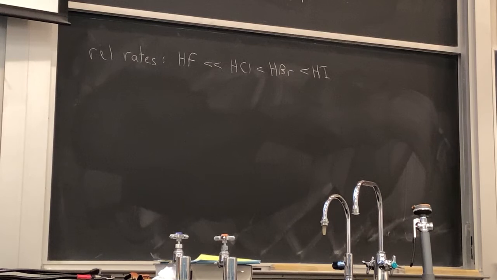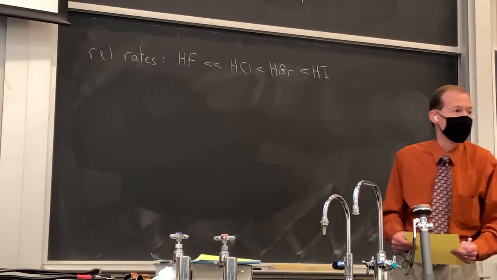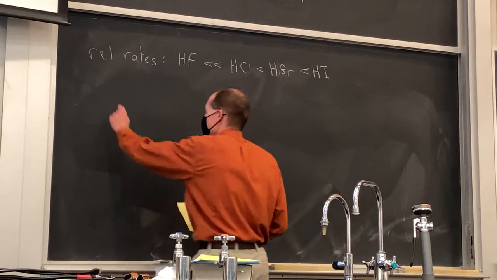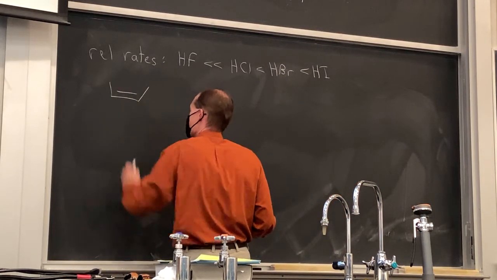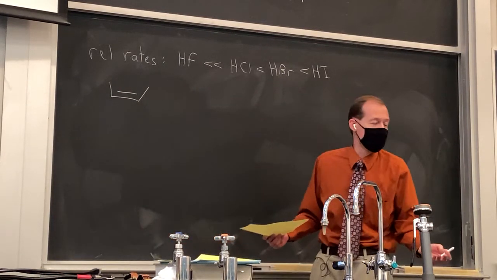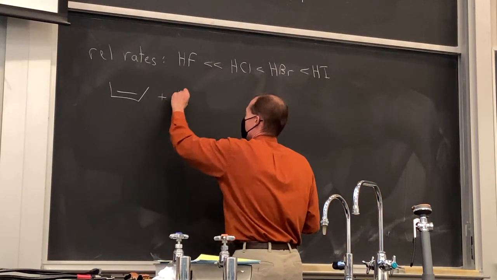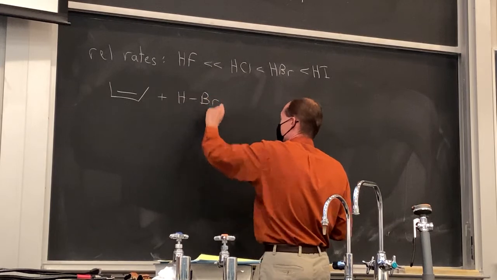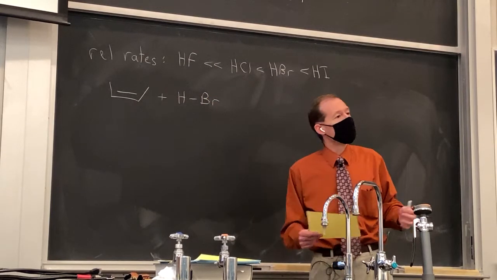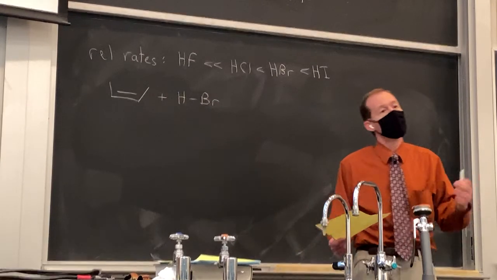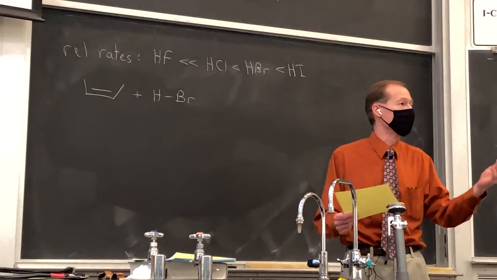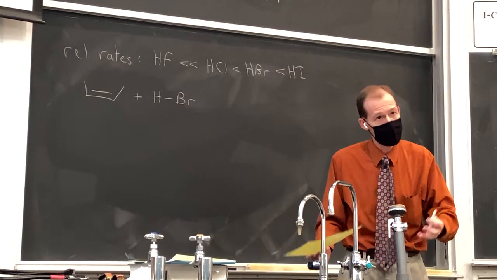Okay, so let's draw a mechanism that's consistent with that information. Let's just use a simple symmetrical alkene in this case, cis-2-butene. We'll react it with HBr. By now you're used to acids protonating the oxygen atoms of either alcohols or ethers.